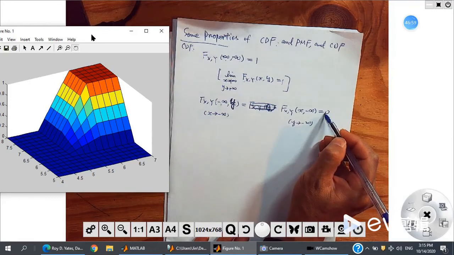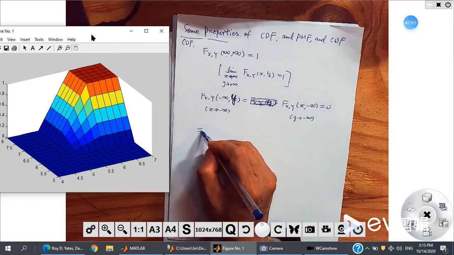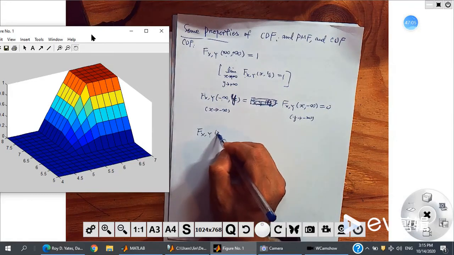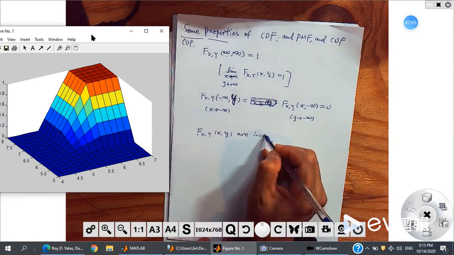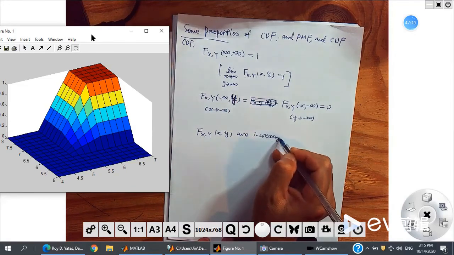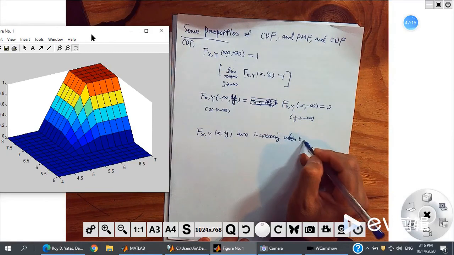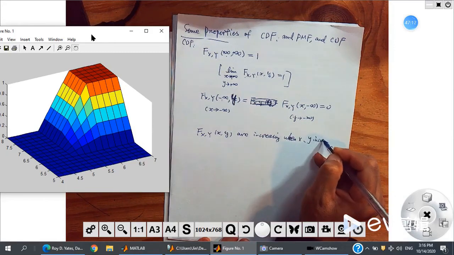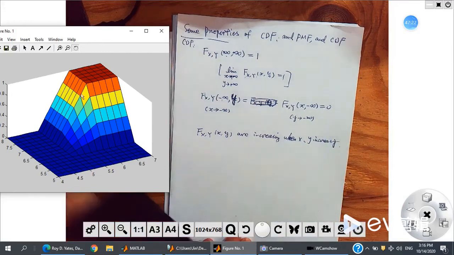Also, F_XY(x, y) is increasing when x and y increase. You can look at here. You go along this way.